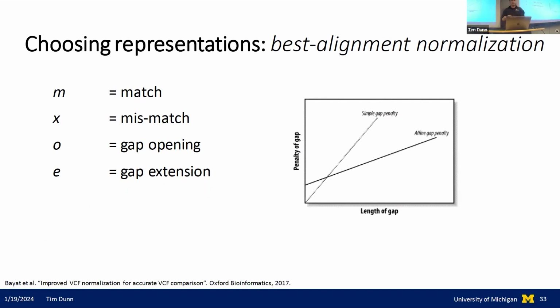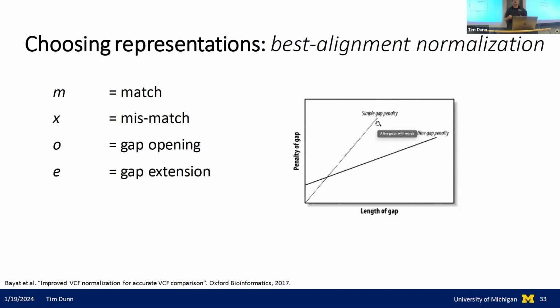So alignment is typically done with something known as an affine gap penalty, which is basically you're trying to model the likelihoods of substitutions versus insertions and deletions. And so the simplest way to penalize an insertion or deletion would just be directly proportional to the length of that insertion or deletion. And that would be a simple linear gap penalty.